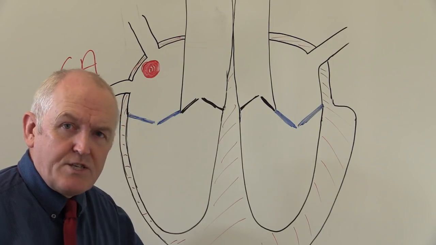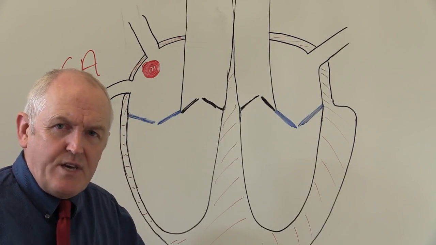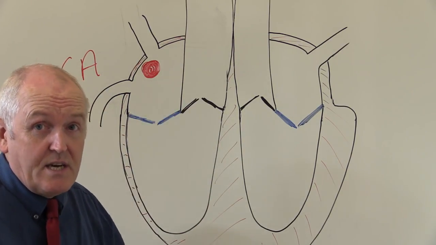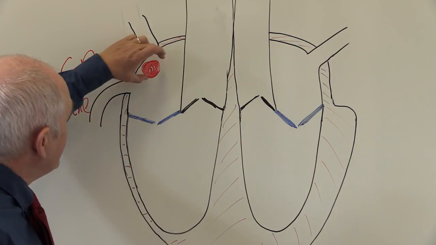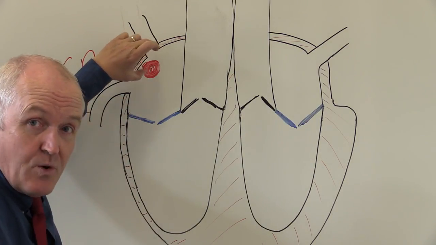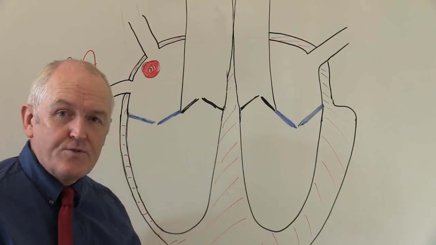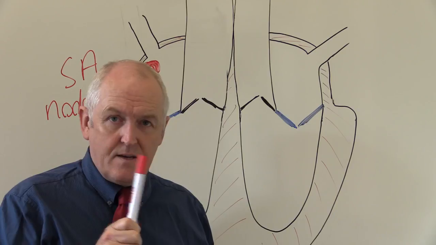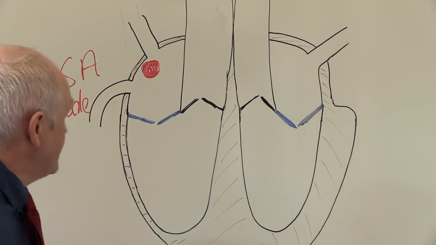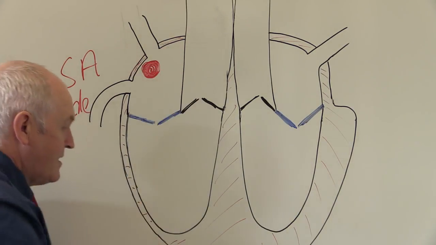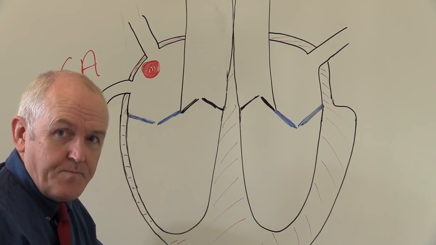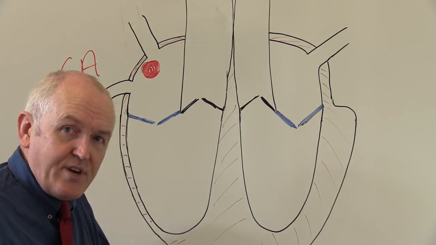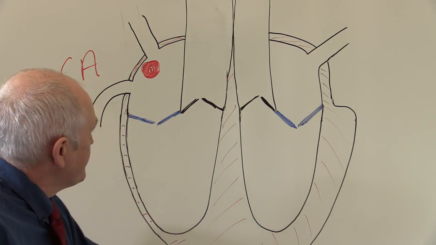And it will depolarize spontaneously at round about 90 times a minute, sometimes 90 to 100 times a minute. It will depolarize, thereby generating a new electrical nerve impulse. So this node will just keep depolarizing 90 to 100 times per minute, generating a new electrical activity. And this is the focus that's controlling the electrical activity of the heart.